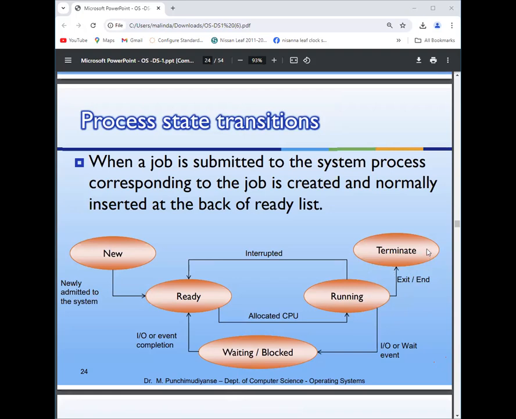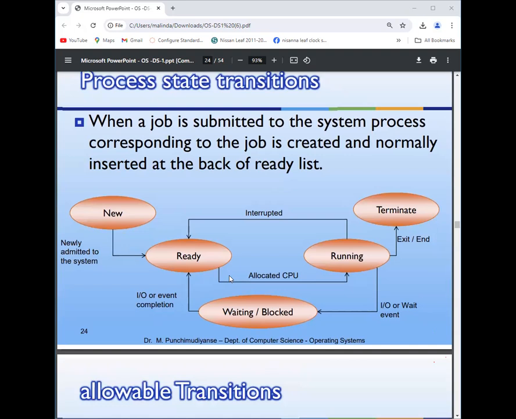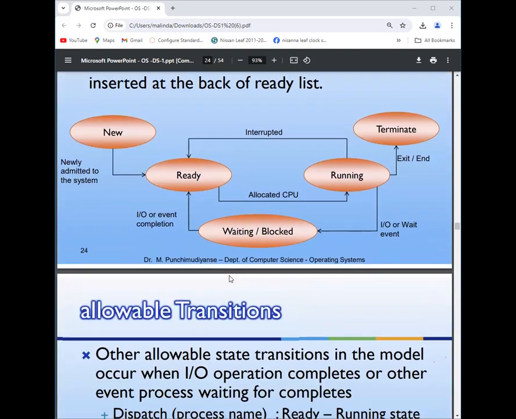So these are the 5-state process transition diagram that has been asked several times in the exams. You should be able to explain how this works. That's one aspect of it.